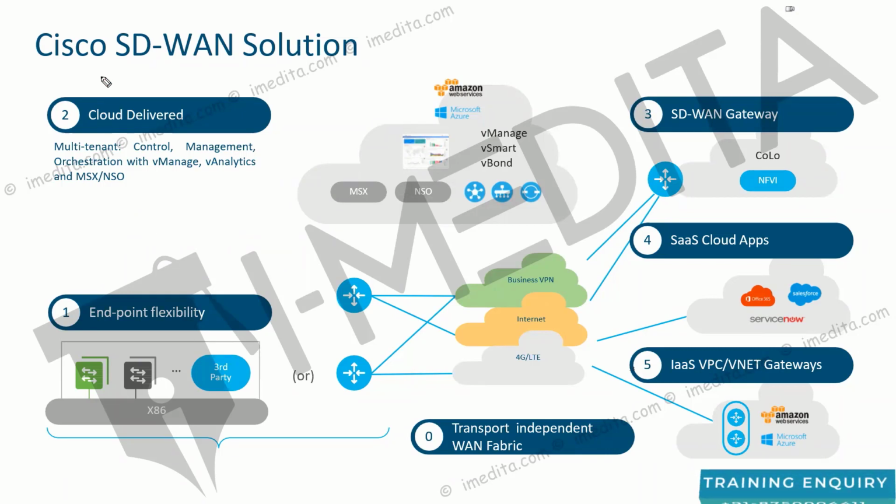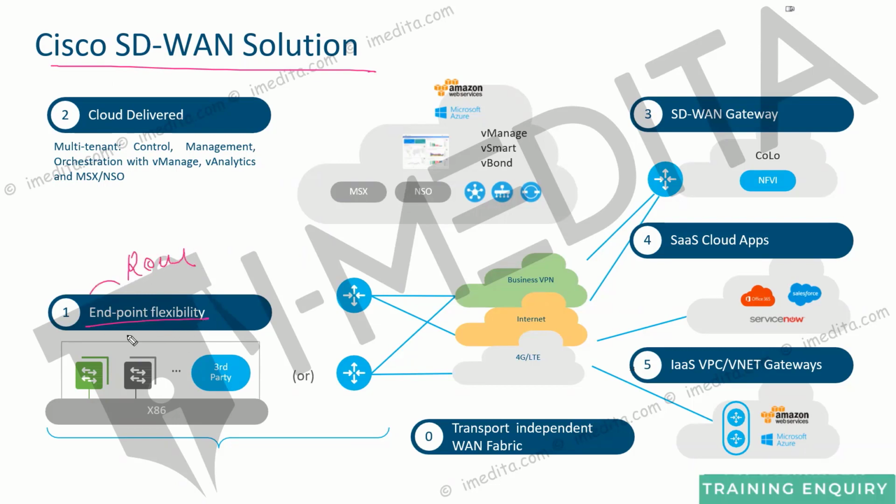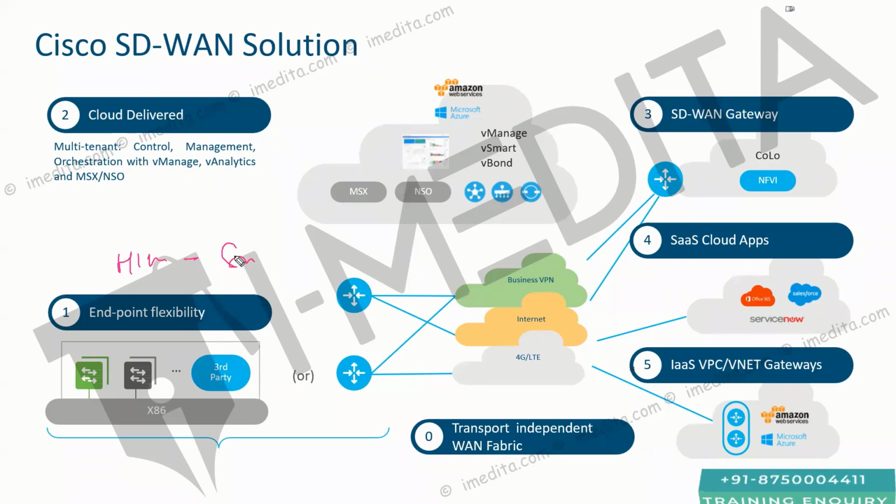The point is, Cisco SD-WAN solution allows you to deploy those routers, those endpoints, as either hardware, or they can also be deployed as software in a virtualized environment such as ESXi, or in fact they could be delivered on cloud.